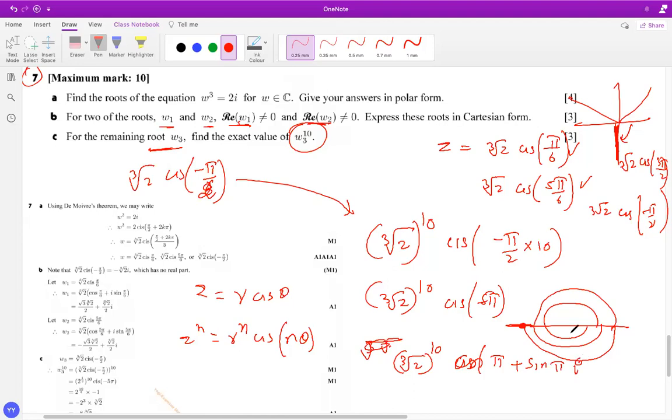Cos pi is negative 1. So it will be cube root of 2 to the power 10 times negative 1. So the answer is negative cube root of 2 to the power 10.